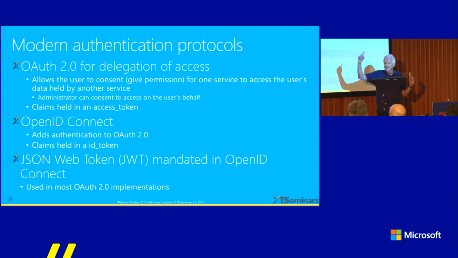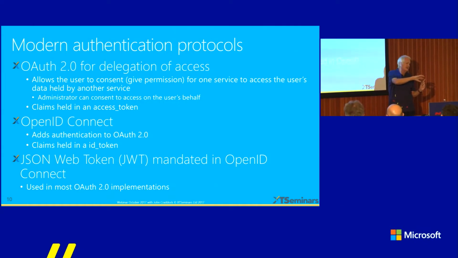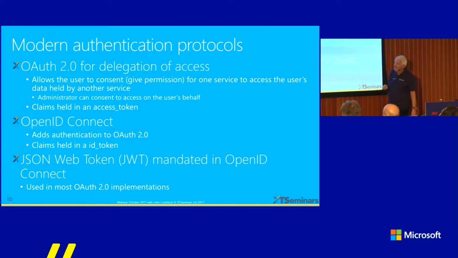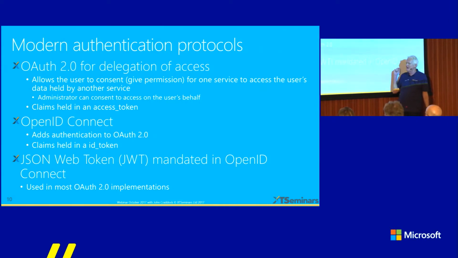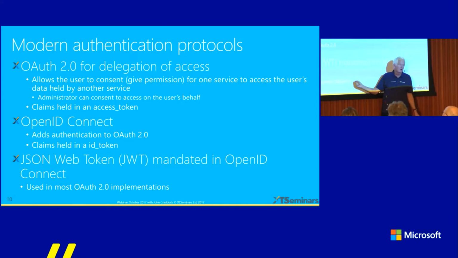So the protocol coming in at the front end is OpenID Connect. The protocol from there to the back end is OAuth 2. And the JSON Web Token is actually mandated for OpenID Connect. It's not mandated for OAuth 2, but most implementations now use it.